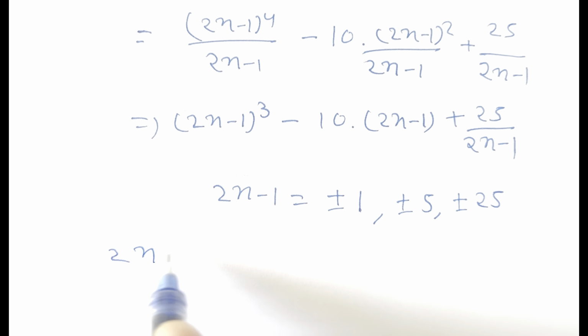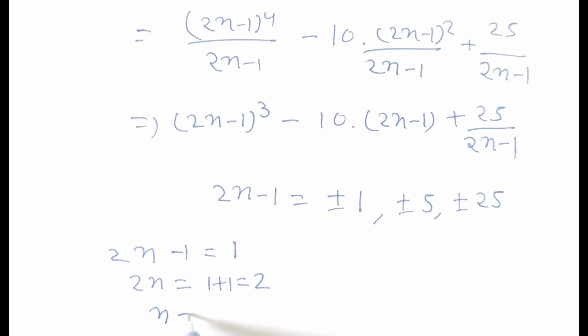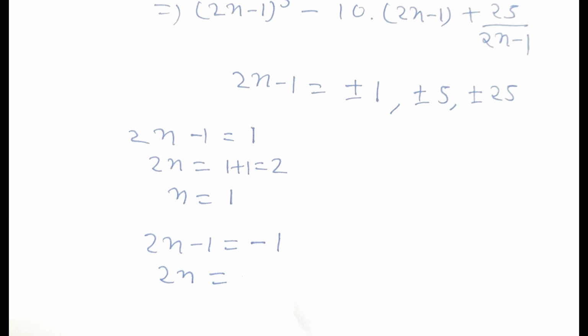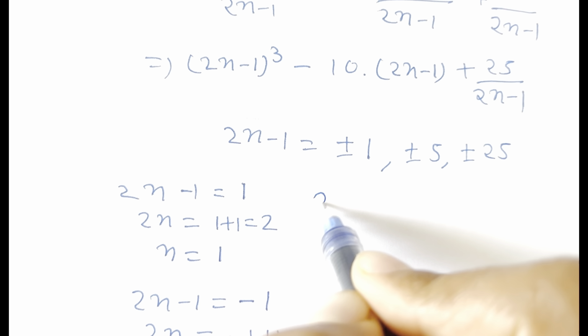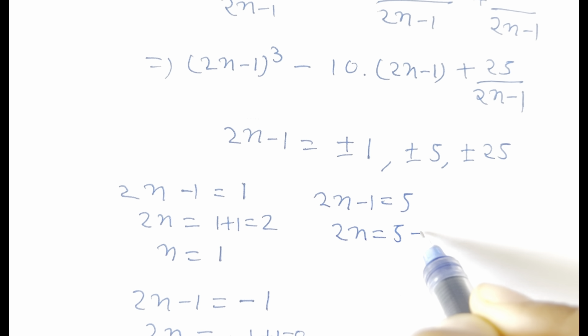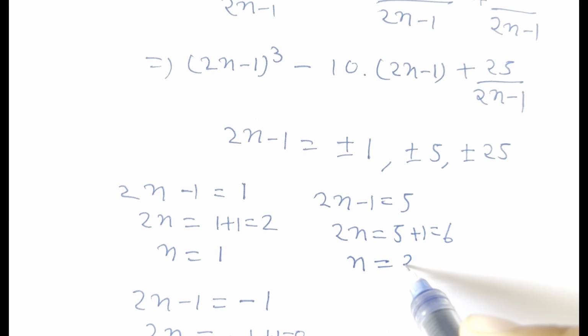When 2n − 1 is equal to 1, 2n becomes 1 + 1 which is 2, so n becomes 1. Second case, when 2n − 1 is equal to −1, then 2n becomes −1 + 1 which is 0, and n will be 0. When 2n − 1 is equal to 5, 2n becomes 5 + 1 which is 6, and n becomes 6 divided by 2, 3.